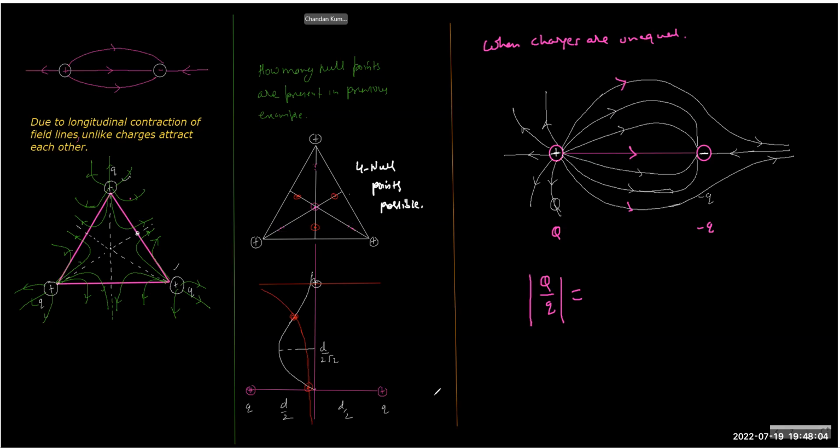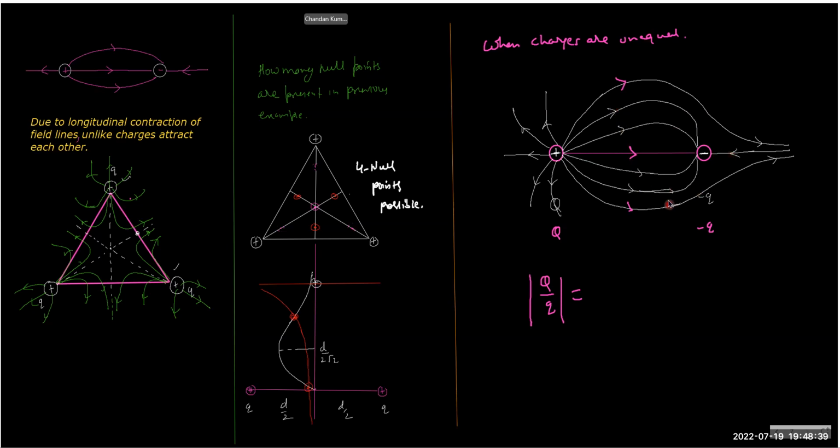How many are terminating at the minus charge? 6. Count again: 1, 2, 3, 4, 5, 6.